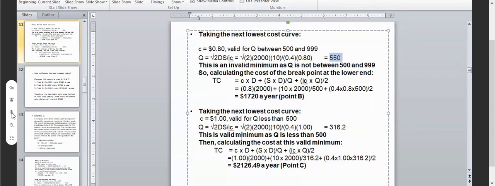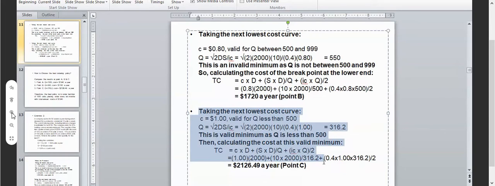under the quantity discount model. Baik, sekiranya katakanlah kita kira optimum order quantity, kita dapati bahawa optimum order quantity pada harga 80 sen adalah 550 unit. Jadi 550 unit ini berada di antara 500 hingga 999. Maka kita tidak perlu lagi kira bahagian ni.